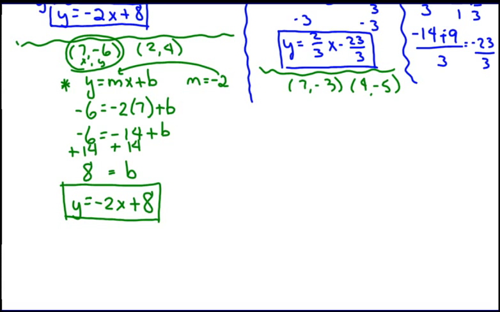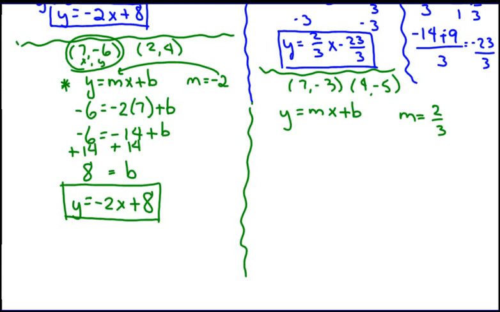Alright, let's use the y equals mx plus b to find the equation over here. Again, we need the slope, but since we already figured it out, I'm not going to figure it out again. I'm just going to remember that the slope was 2/3.